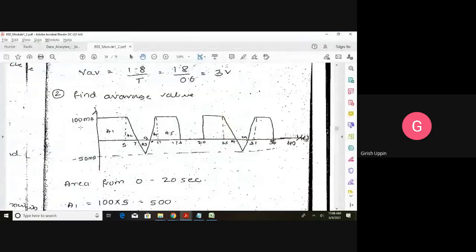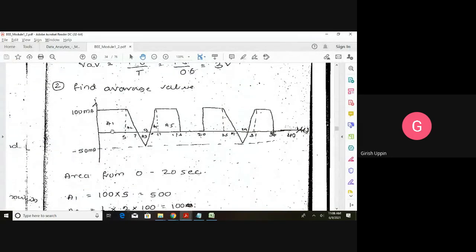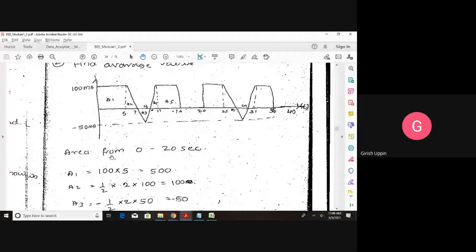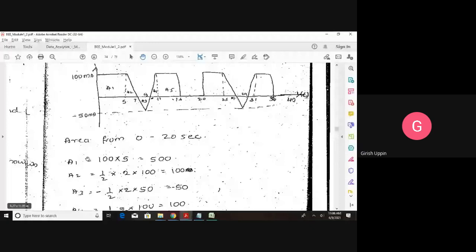Okay, we'll go through the answer. Now we have identified the area here, A1. So we'll calculate the area. The beginning of the cycle is 0, the end of the cycle is 20 seconds. For this first area, we have taken a perpendicular line here, so we get one triangle and one rectangle. The area of A1 is this side, 100 milliamperes, times this width, 5, so 500.